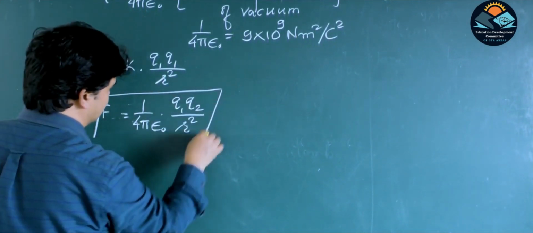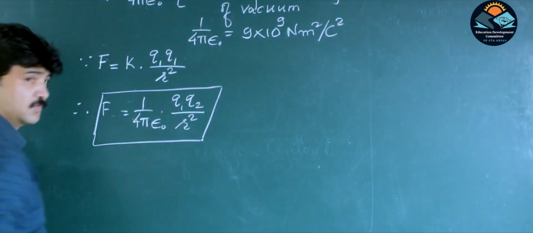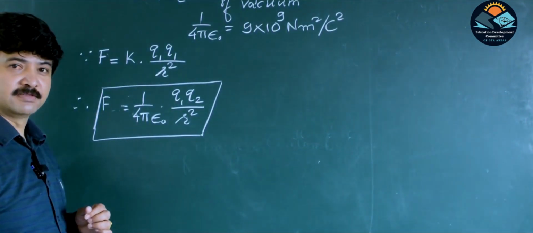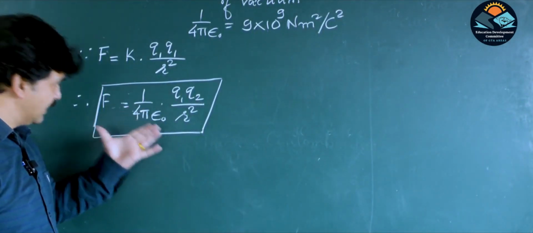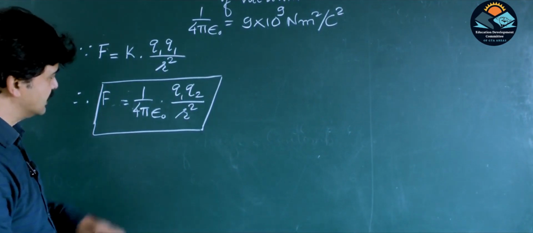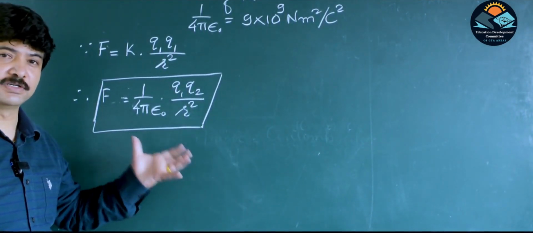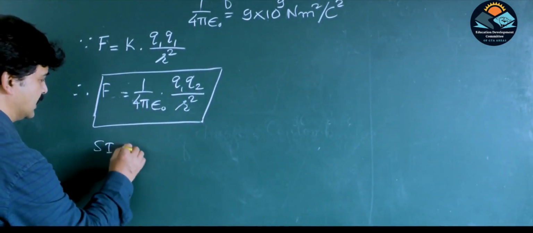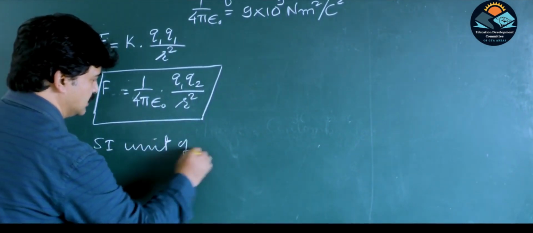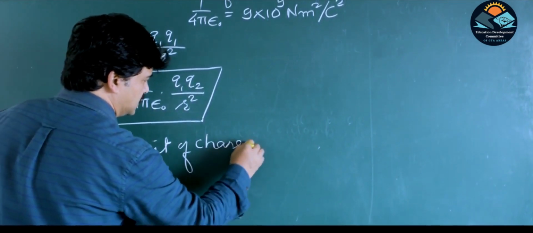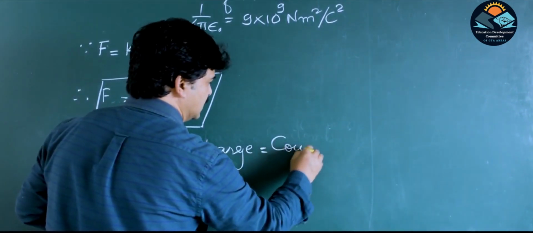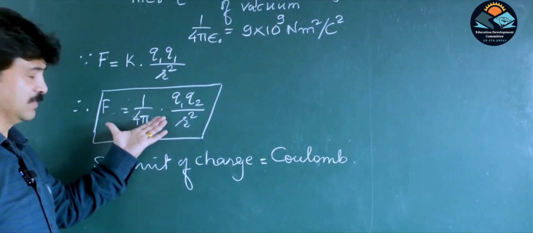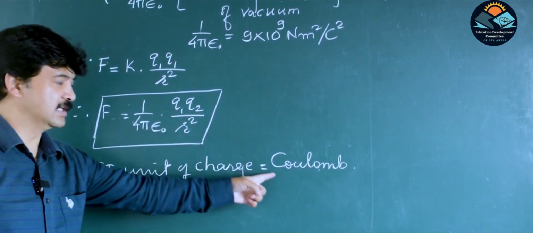So this formula gives the value of the force of attraction or repulsion between two charges in SI. Now the same formula will help us to define the SI unit of charge. You know, the SI unit of charge is Coulomb. Now let's see how this formula will help us to define Coulomb.